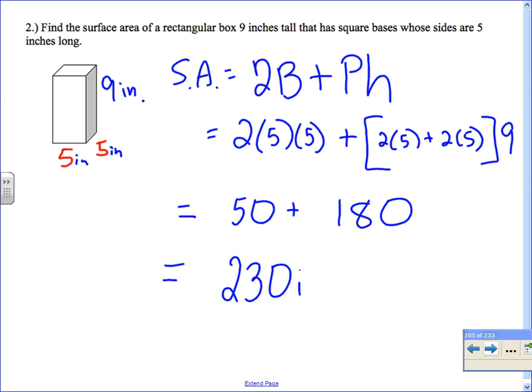Annalise. There's 2 bases. But if you distribute this through, it works out to be your formula.